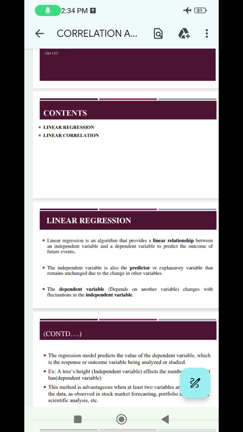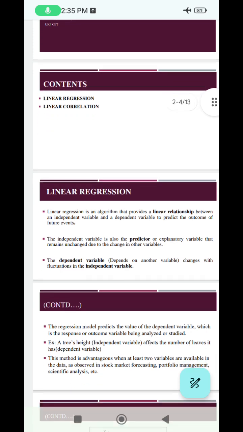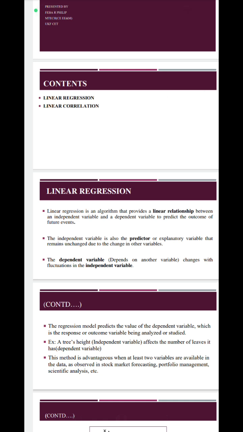That is, the independent variable doesn't change, and it plays the role of a predictor. If we have an independent variable, we can predict the dependent variable. The dependent variable, which depends on the other variables, changes with fluctuations in the independent variable.